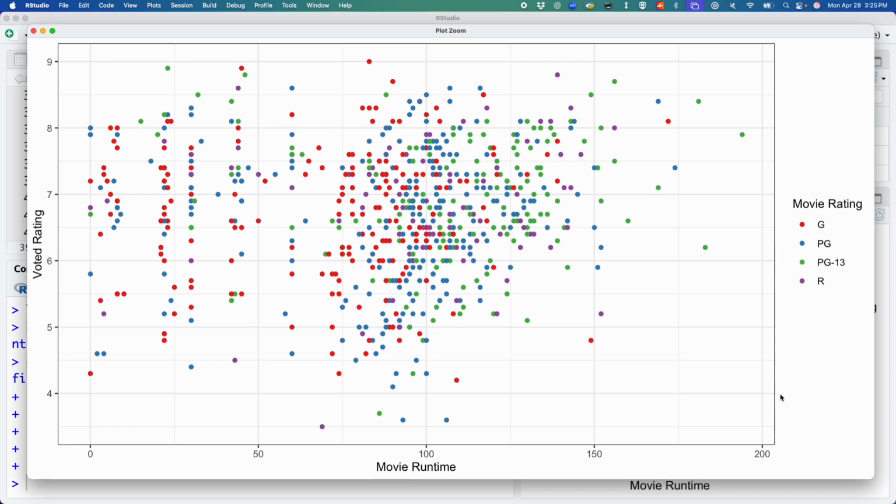So this is like a 3D plot. Our outcome has 4 possible outcomes, which are the 4 different certificates: G, PG, PG-13, and R. And then we want to look at how they're distributed via the movie runtime and the rating of the movie. Okay? Yes?